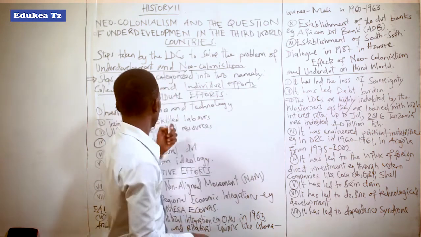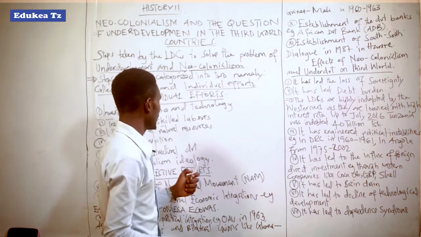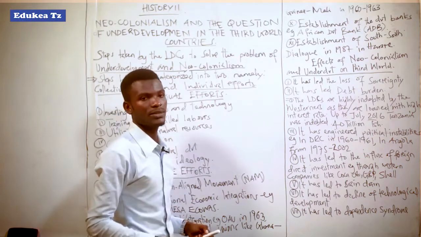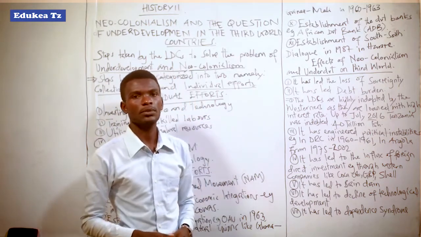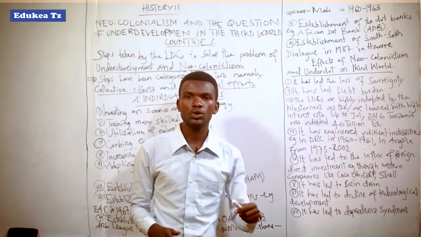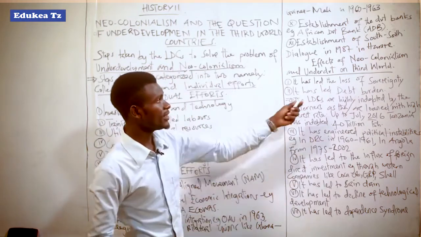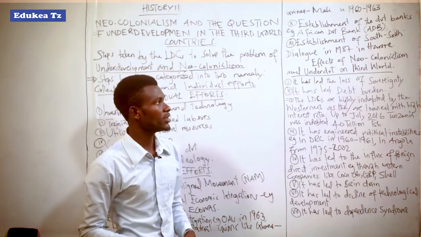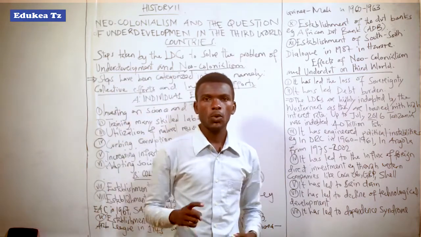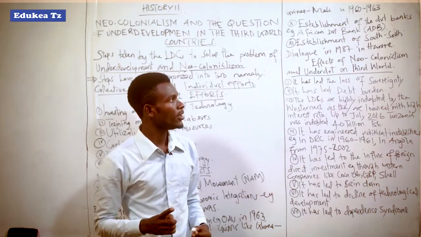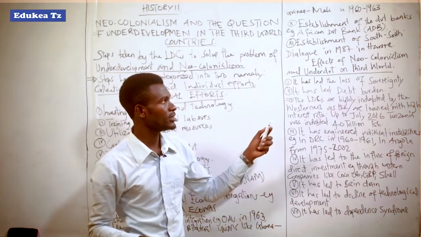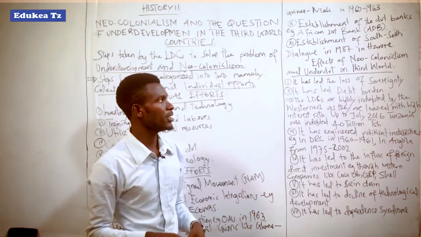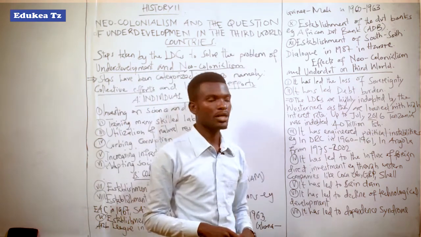So after looking at the individual and collective efforts taken by the less developed countries to overcome the problem of underdevelopment and the new colonialism, let us see the effects of new colonialism and underdevelopment on third world countries. What are the effects which have been led by the new colonialism and underdevelopment on third world countries?